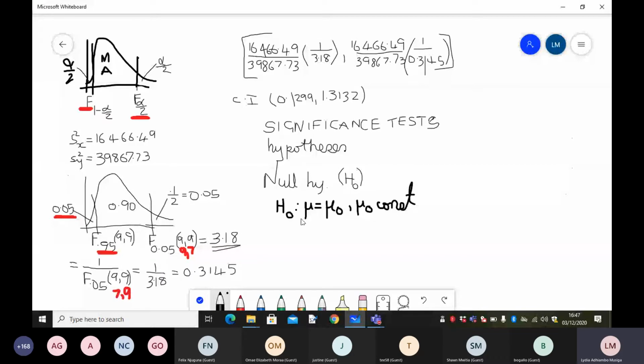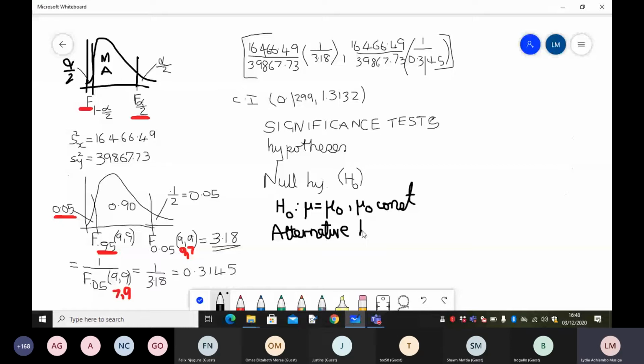Now, we have another hypothesis, which is known as the alternative hypothesis. So in stats we usually say we have a null and its alternative hypothesis.